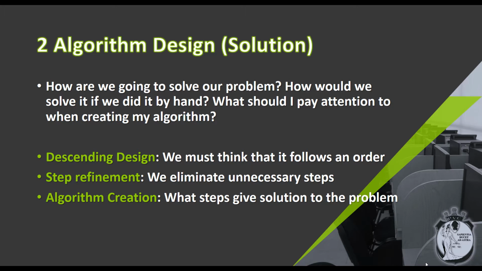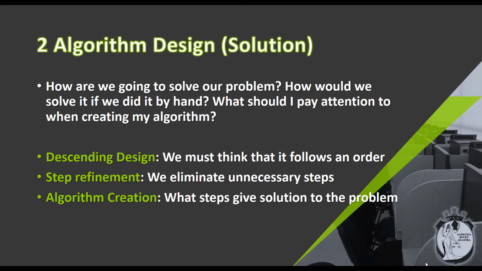How will we solve it? If we did it by hand. You need to understand first how you would find the solution if you did it by hand, to understand the steps.